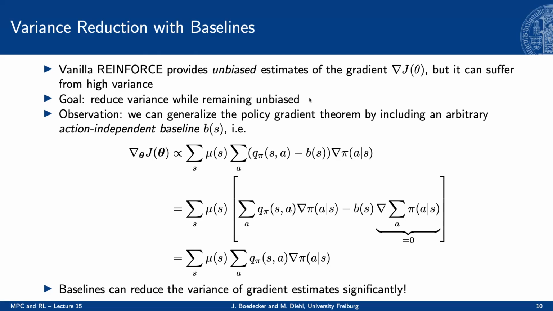If we introduce a bias, then we've traded bringing down the variance with an additional bias. And as we'll see, in some other methods this is done, but here the goal is to have reduced variance but still remain unbiased. So we can still include some kind of action-independent baseline.